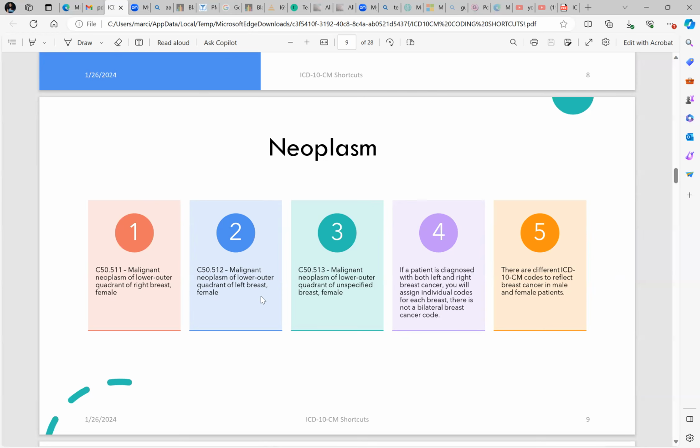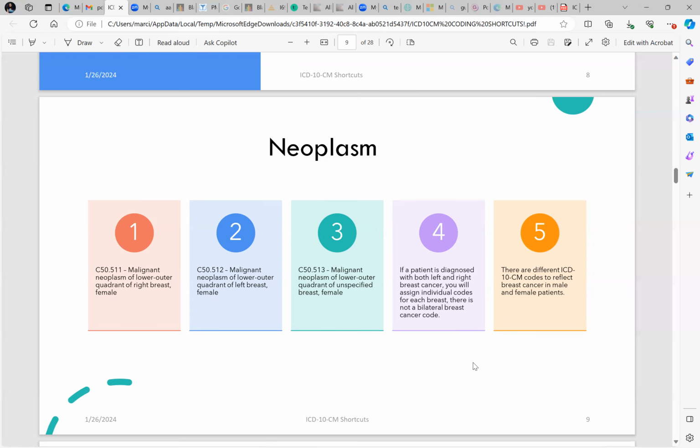The 2 on the end, this is the left breast. The 3 here is unspecified breast. So remember when we talked about the ears and the eyes, the 9 on the end meant the unspecified for those categories. Well, as you see here, if a patient is diagnosed with both left and right breast cancer, you will assign individual codes for each breast. There is not a bilateral breast cancer code.